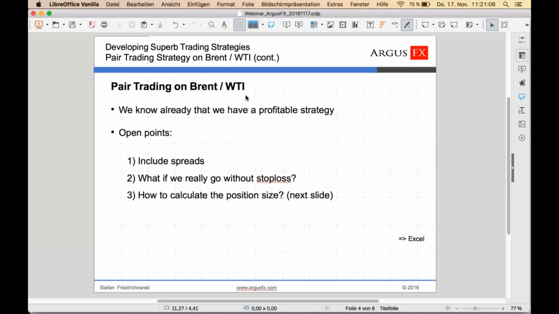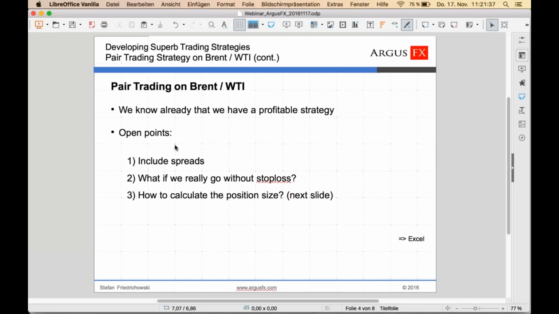Maybe we recap that within the Excel sheet as well, but that was the basic idea. Strong deviations of the actual ratio compared to an EMA on that ratio are the trigger for opening a pair of trades. And we have both directions, if the deviation is to the plus side or to the minus side of the EMA on that ratio.